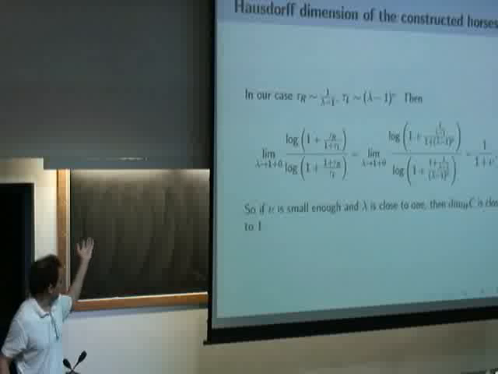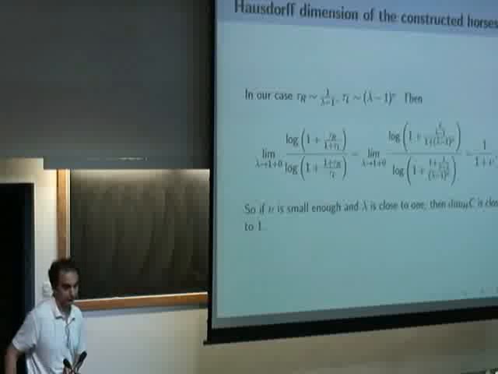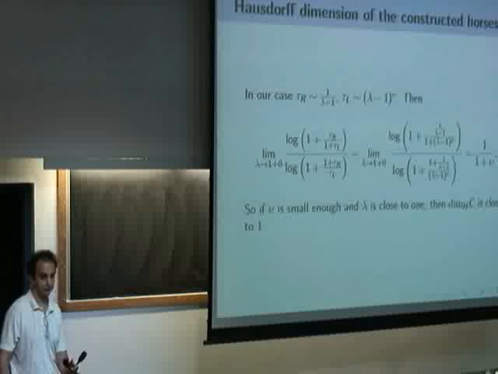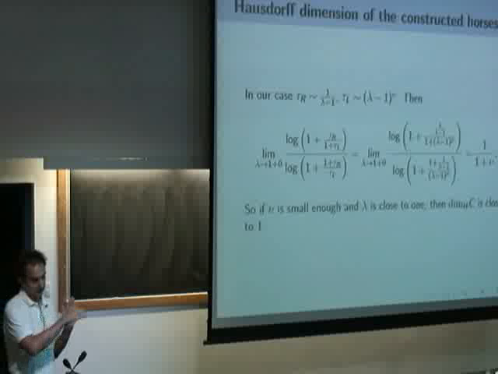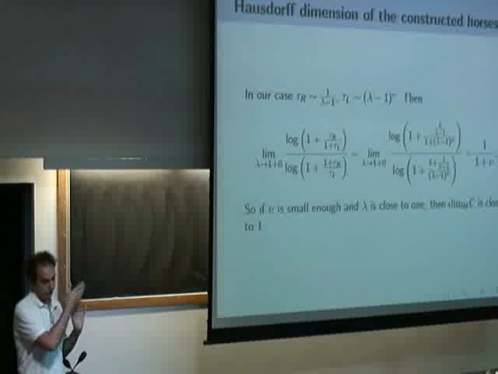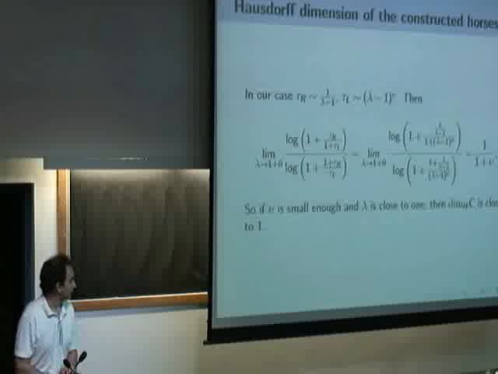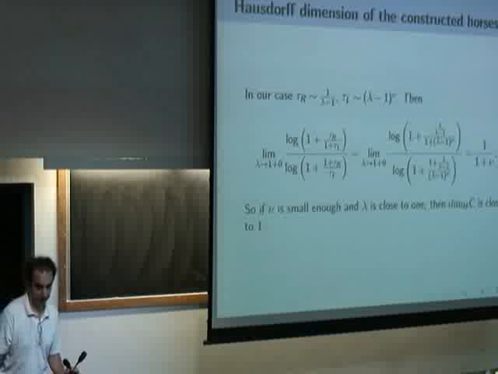Then you just substitute and get that the dimension is bounded from below by 1 over 1 plus nu, and nu can be taken as close to 0 as you want. That's it. You get a horseshoe that is a product of two Cantor sets, and the Hausdorff dimension of each of them is close to 1. So the Hausdorff dimension of the horseshoe is close to 2. And that's it. Thank you.